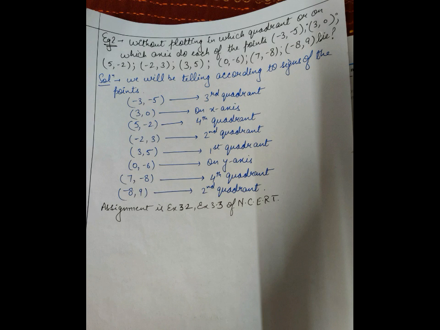You can see that our first point is (-3, -5). According to the sign it lies in the third quadrant.